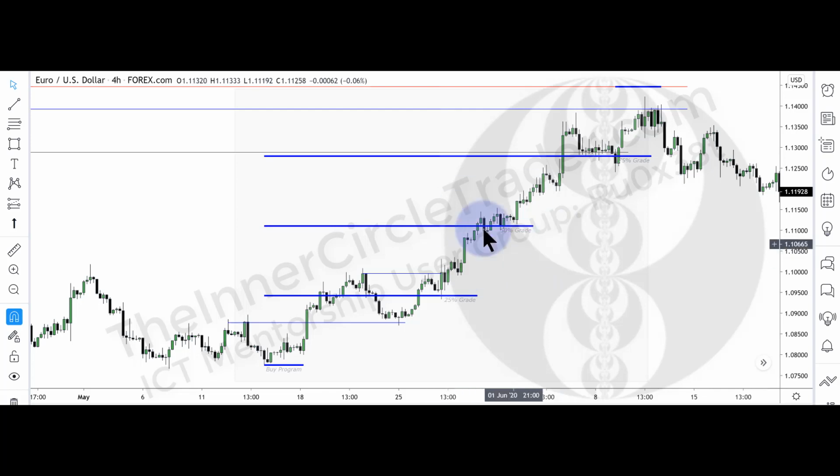Well, here's where it usually takes place, around equilibrium. It could spend time in here and then make a false run and then go down below a short-term low. That's something that can also happen. Okay, it can create a breaker forming and then come back down to that breaker later on and use that as a buying opportunity.